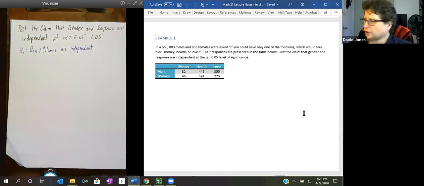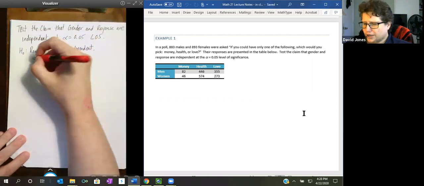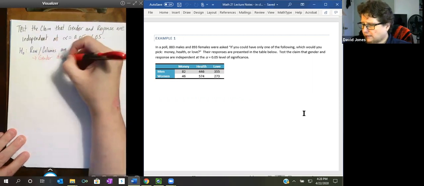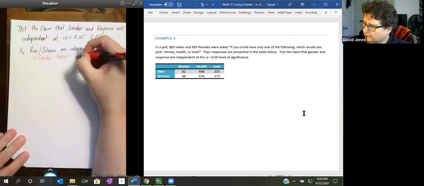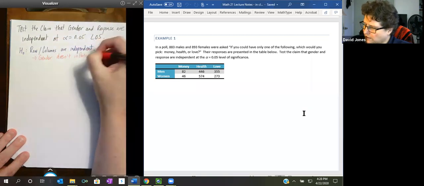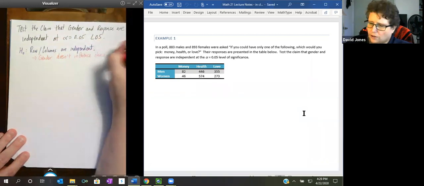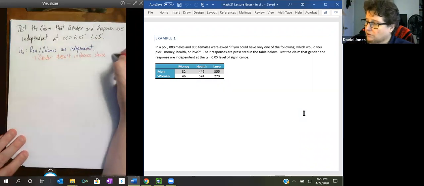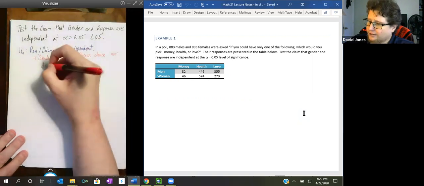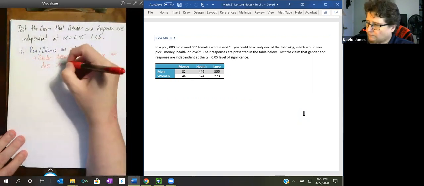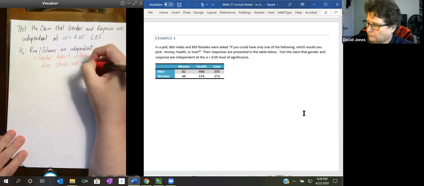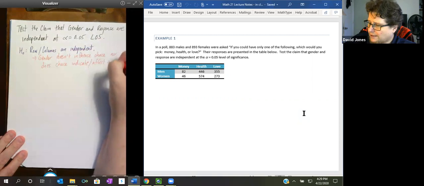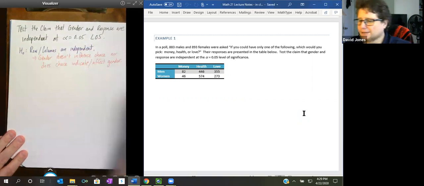To be particular in this problem, gender does not influence choice, and choice doesn't indicate gender, or affect gender. It seems like that's a little funny. Gender is the fixed one.